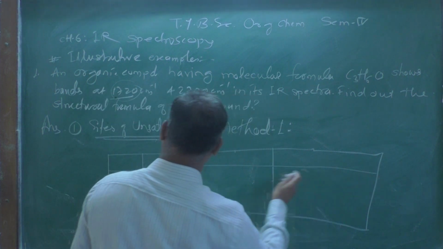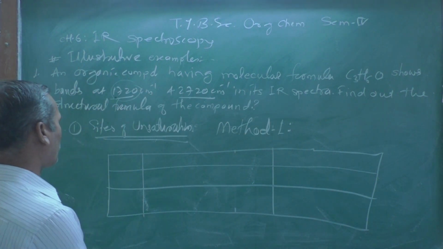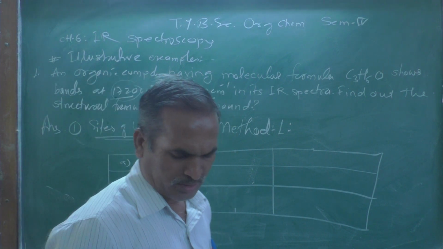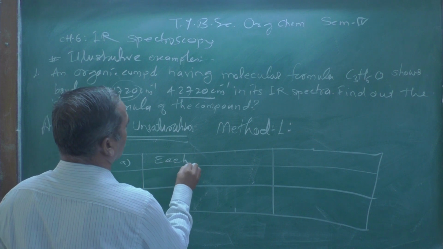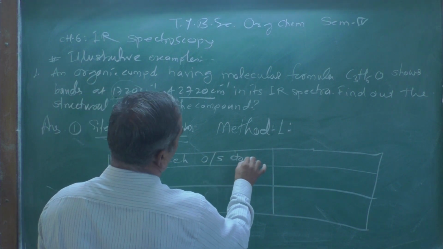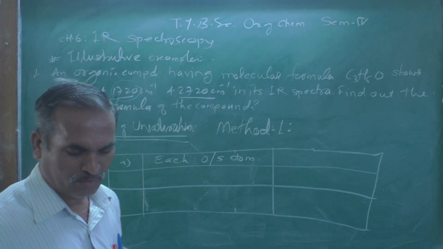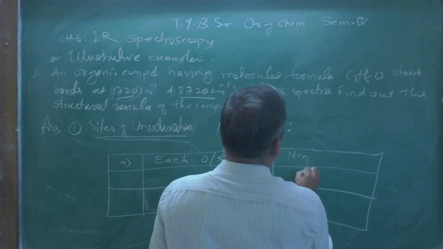Then there is a 3. Okay, now look at here. A, each O or S atom, each oxygen or sulfur atom, if it is present in the molecular formula, you neglect it.